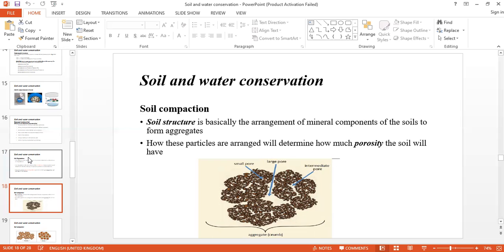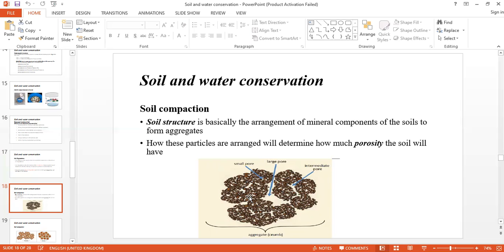So you have individual soil particles, but these soil particles will stick together to form an aggregate. When they form an aggregate like this one, you see there are different small particles held together, leaving these spaces, the white ones, in between.